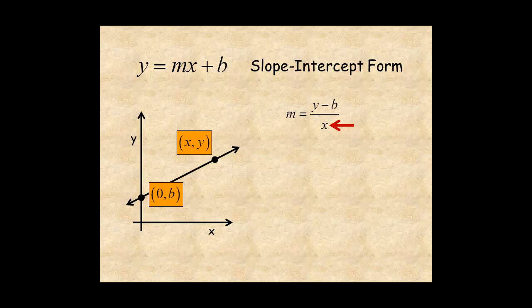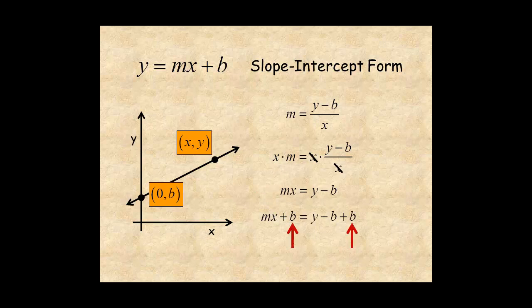Next, multiply both sides by x, and you have mx equals y minus b. Then add b to both sides, for mx plus b equals y. Turn it around, and you have y equals mx plus b, the slope-intercept form of a linear function.